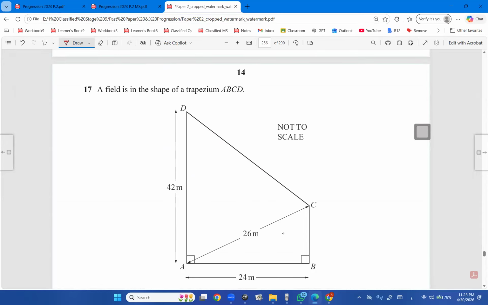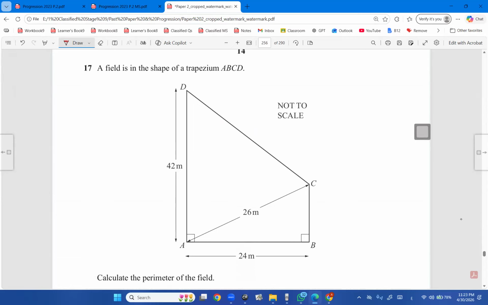Next question over here. They want from you the perimeter of this trapezium. They wanted the perimeter of the whole field, which is the trapezium. Well, perimeter, we know that it's adding the lengths of all the sides up, the outline of the shape. Okay, good. Let's do this.